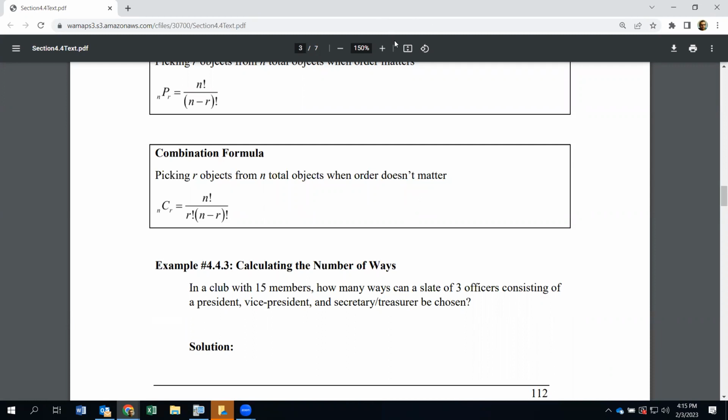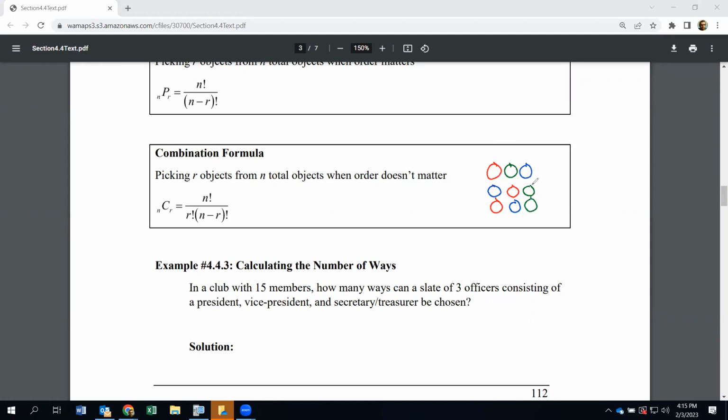So if we go back to the M&M's example, pulling a red, pulling a green, and pulling a blue is exactly the same thing as pulling a blue, pulling a red, pulling a green, which is the exact same thing as pulling a red, pulling a blue, pulling a green. They're the same collection.